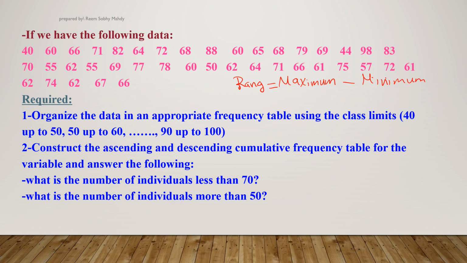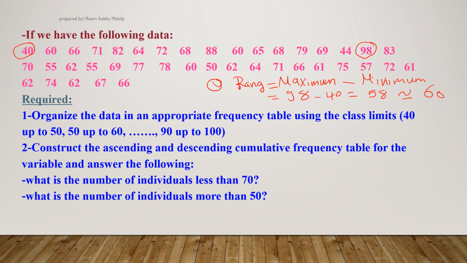The maximum value in these data is 98 and the minimum value is 40. So the difference between them is 58, and we can approximate this value to 60. So the range of the data is 60, and this is the first step.